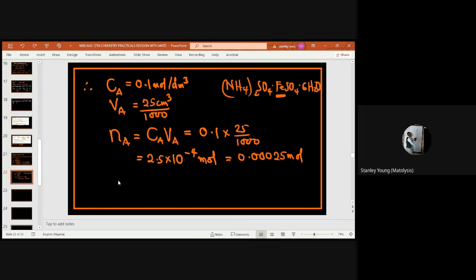So the number of moles of Fe2+ that the question needs is going to be the same value as our number of moles of A, and that is 0.00025 mole. Next question.